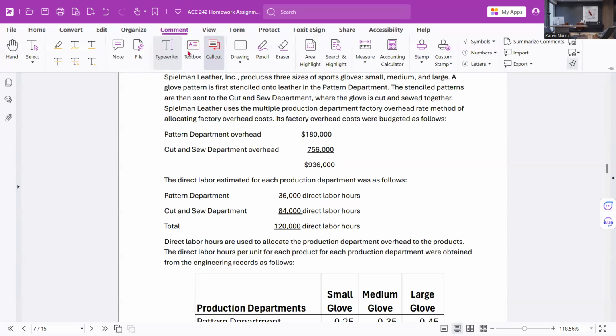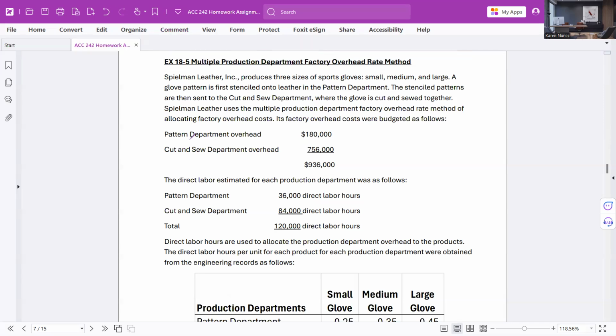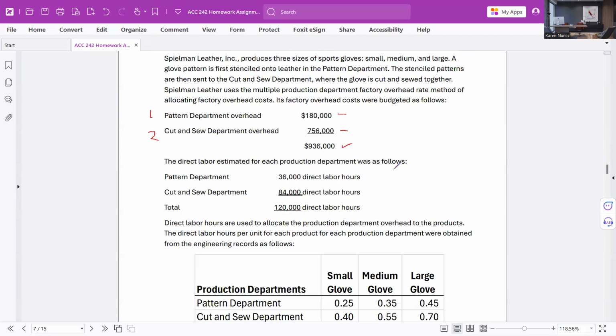We've got a pattern department, and we've got a cut and sew department. Those are the two departments. And the overhead has already been allocated to those two departments. So we've got $936,000 of total overhead, but it should be allocated $180,000 here to pattern and $756,000 to cut and sew. And we have these three products.